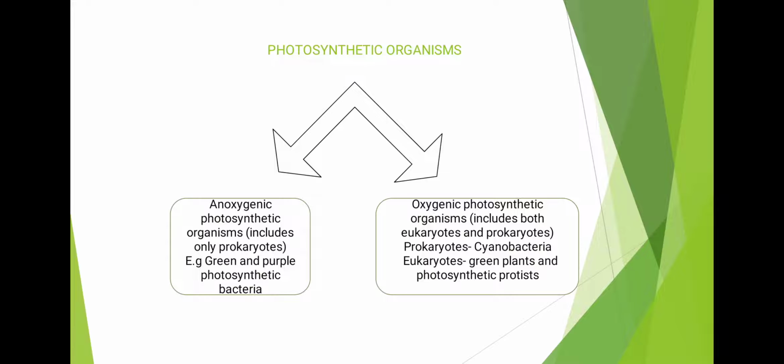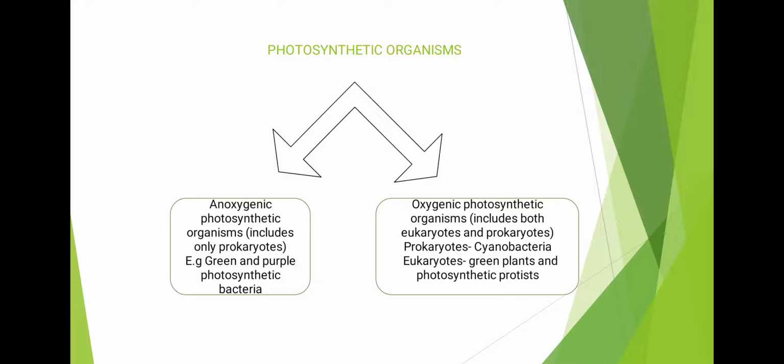Now we will study the photosynthetic organisms involved in photosynthesis. There are different types of organisms involved, ranging from photosynthetic bacteria to large green plants. These photosynthetic organisms may be oxygenic or anoxygenic. We have divided them on the basis of generation of oxygen during photosynthesis.